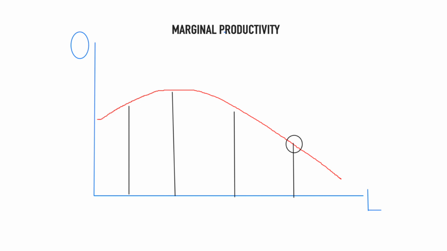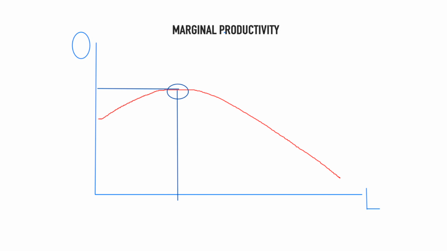So each step along the way, if we were to divide that up, each step is adding one more worker, one more unit of labor, then that change in where we land on the output line is marginal productivity, where it increases for a while, but after a while, adding more labor, those next new employees aren't getting more output per worker as they were earlier on.